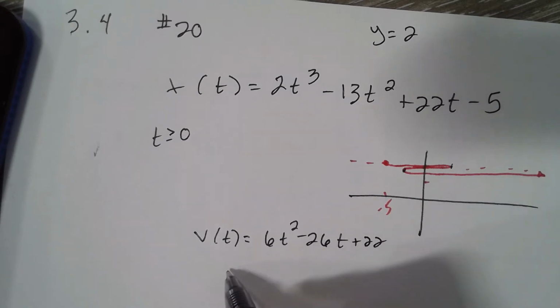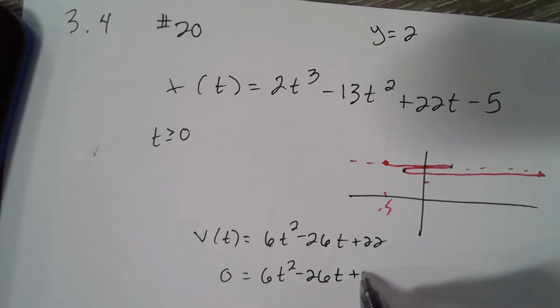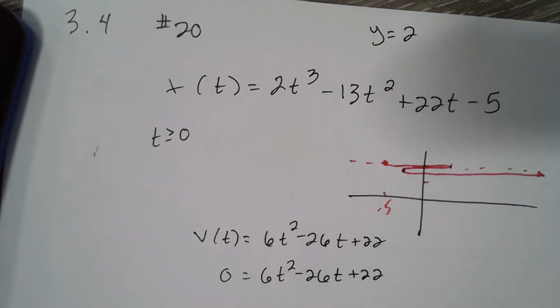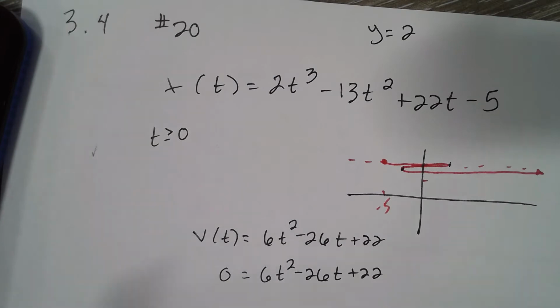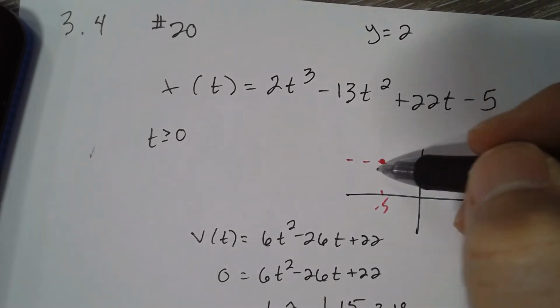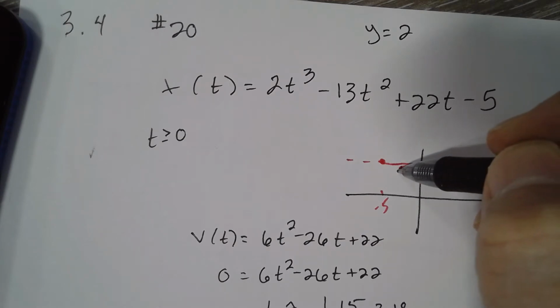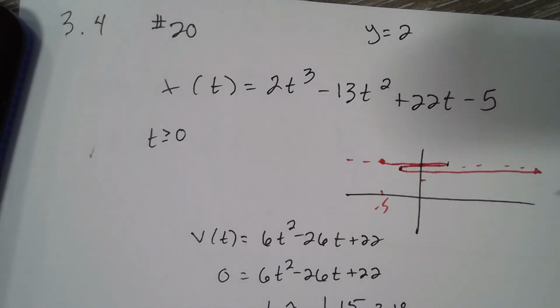If we set that equal to 0, we would have the 2 times where the velocity is 0 or where it changes direction. We could use our quadratic formula, and we get time is about 1.15 and 3.18. So after 1.15 seconds it gets here, and then at 3.18 seconds it's here, and then it takes off.